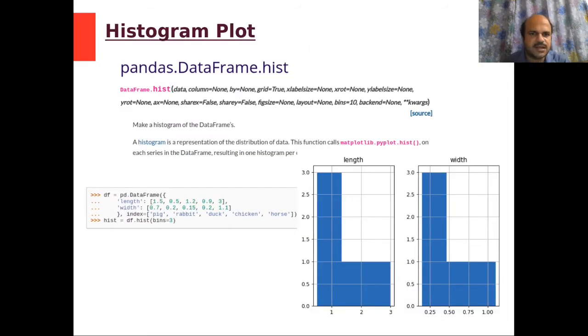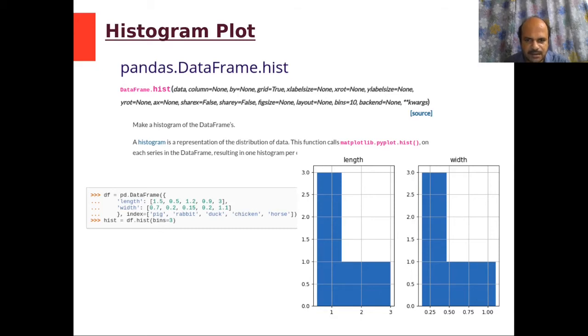Next is the histogram plot. To plot the histogram, a hist function exists in the pandas data frame object. When you apply the hist function, it plots the histogram for all the features that exist there.